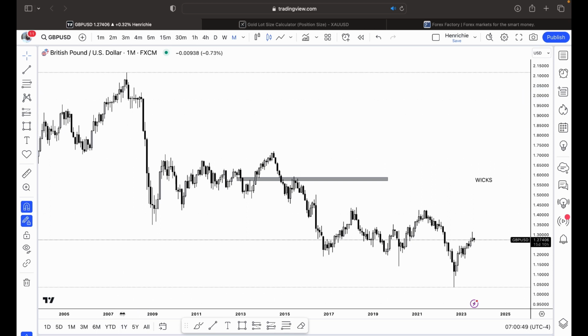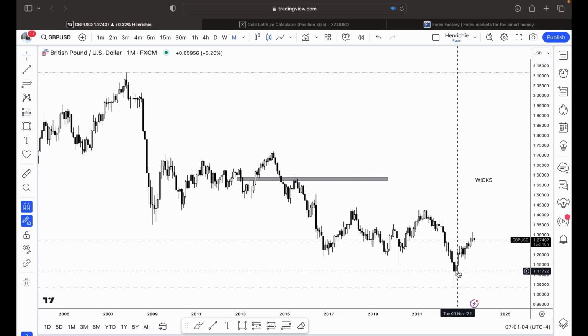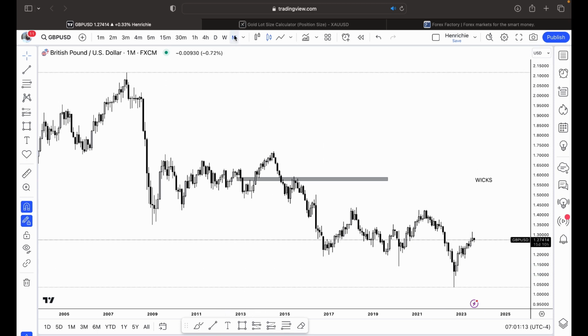And if you look down here, you can see 2007, 2009, 11, 13, 15, 17, 19, 21, 23. This candle is for September. The next one is for October. Next one, November, December, January, February, March, April. And that is because I'm on the monthly time frame.